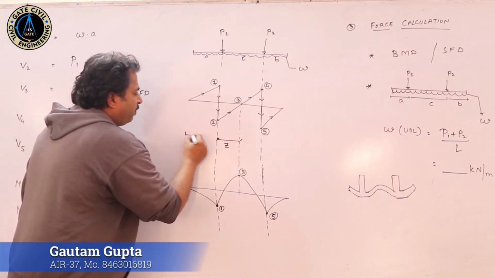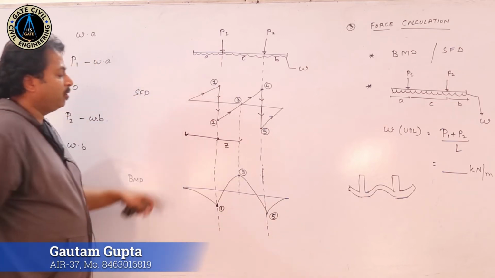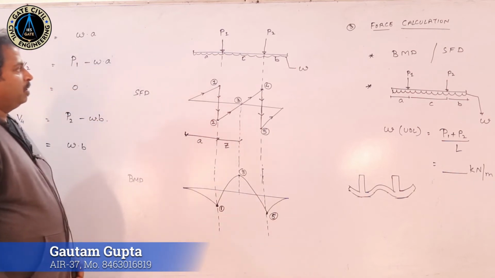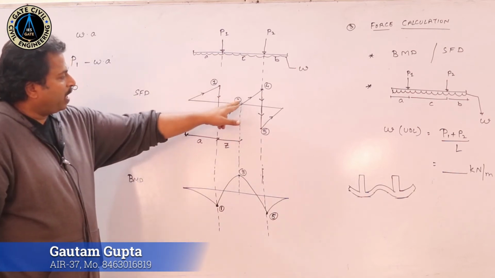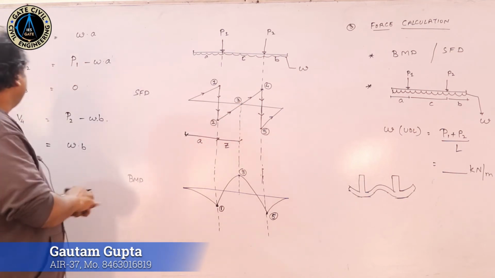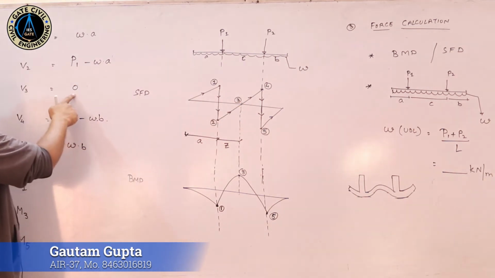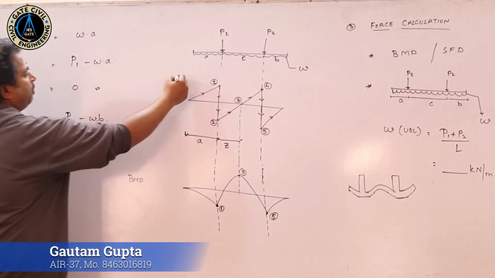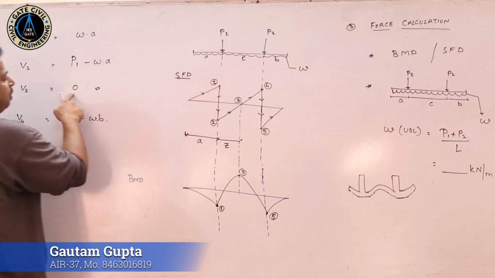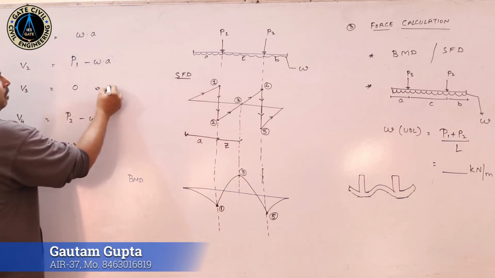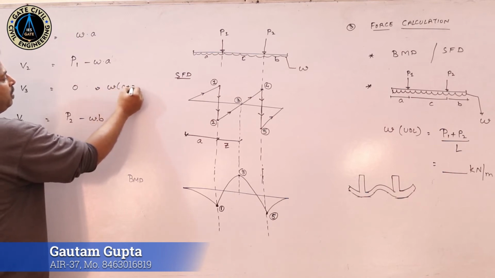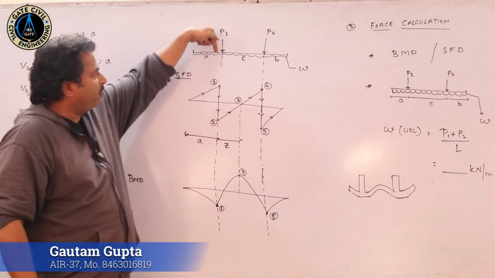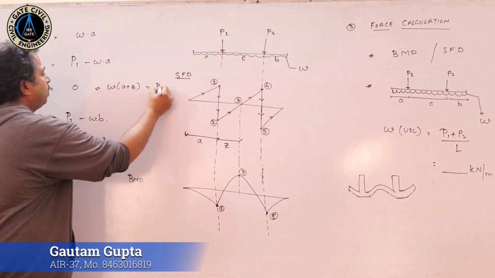So, from the edge of the footing, this distance becomes A plus Z. At point number 3, the shear force is 0, hence, I am writing SFD here, this value of 0 we can write as W(A plus Z), that is the force coming from the bottom equal to the force coming from the top.